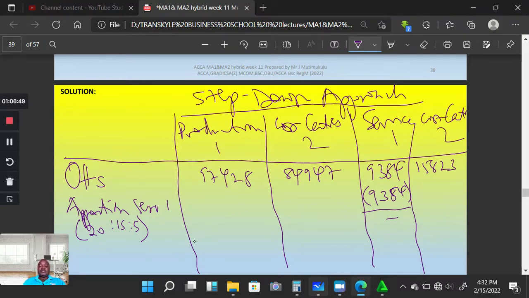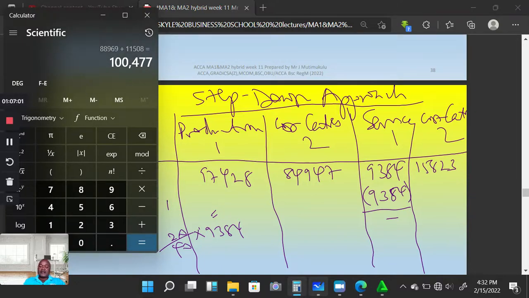For this figure, that's 20 over 40 multiplied by 9384. 20 over 40 is a half, so 0.5 multiplied by 9384 and we get 4692.